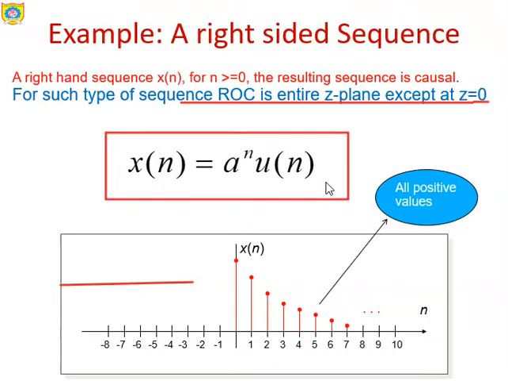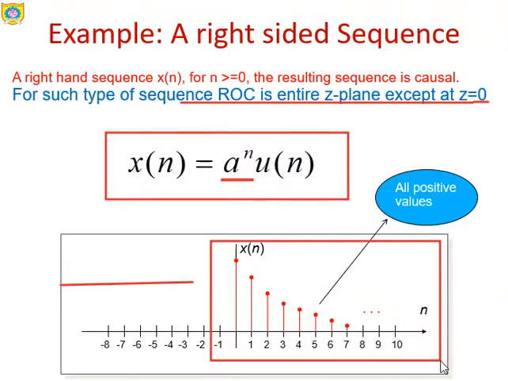This expression is applicable for this right sided sequence. So x of n is given by a raised to n u of n, where u of n is nothing but the unit step sequence. If we multiply it with the a raised to n factor, this is the response we expect. Let's vary the value of a in such a way that it gives a decreasing graph, which is shown over here.